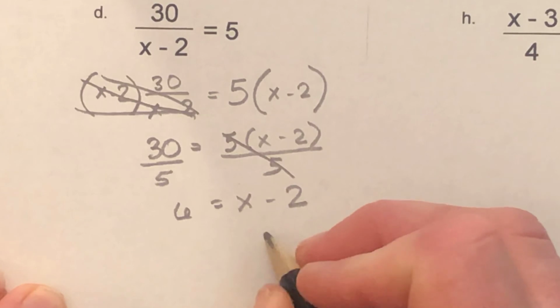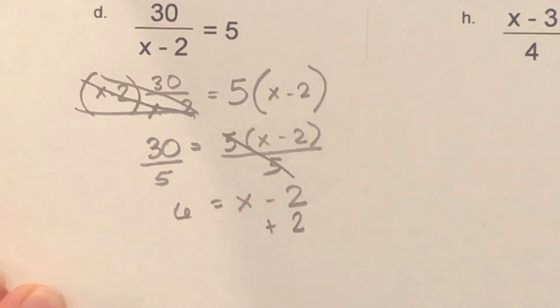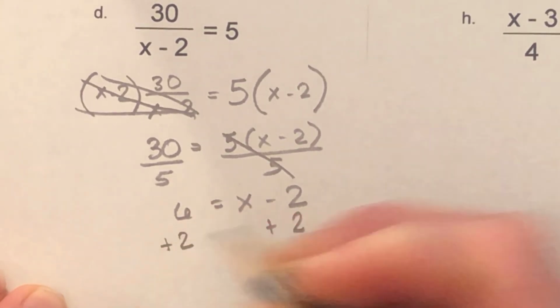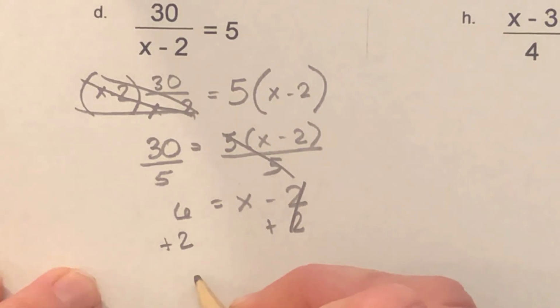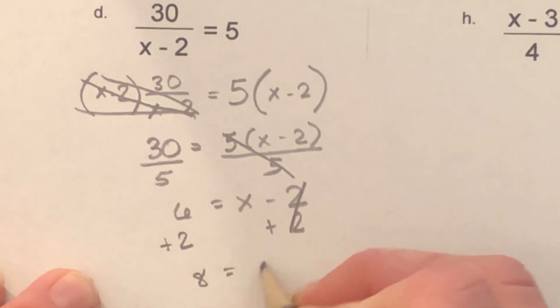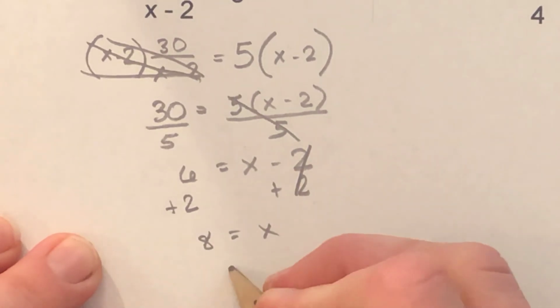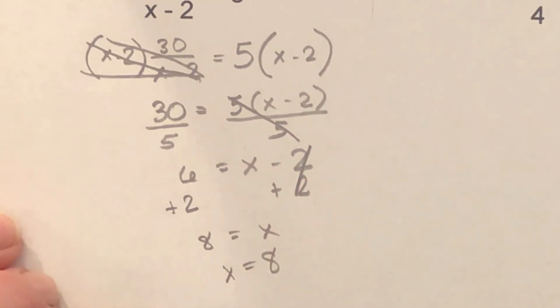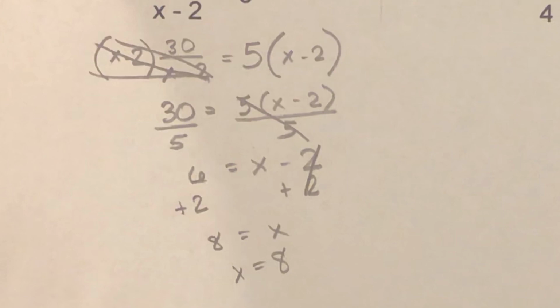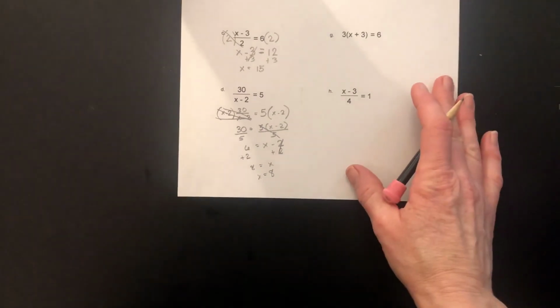Now I'll add 2 to both sides so that I can get the x by itself. And I get 8 equals x, and x equals 8. You've got the rest. Go for it.